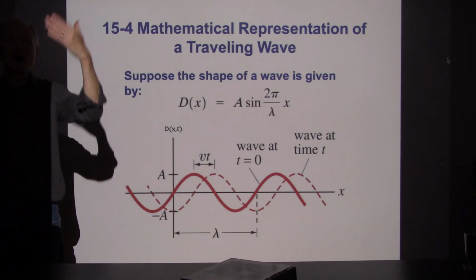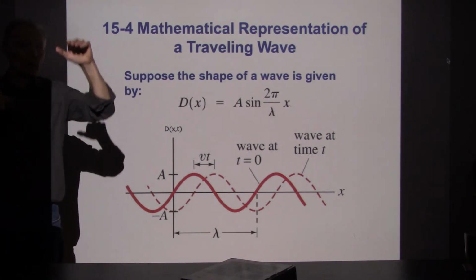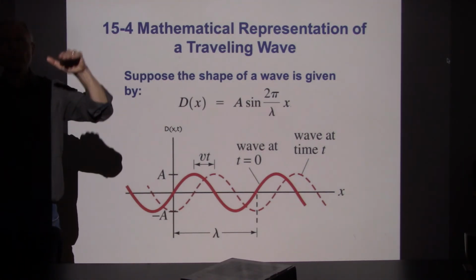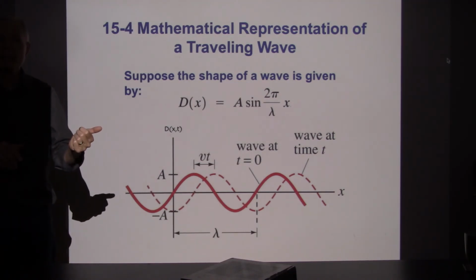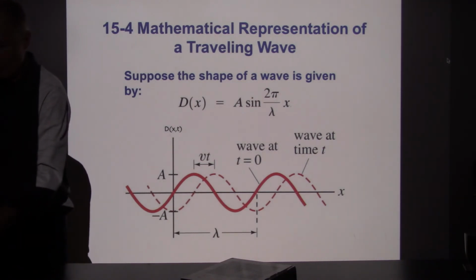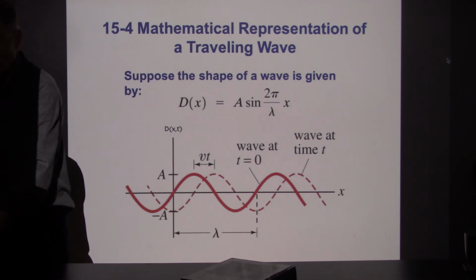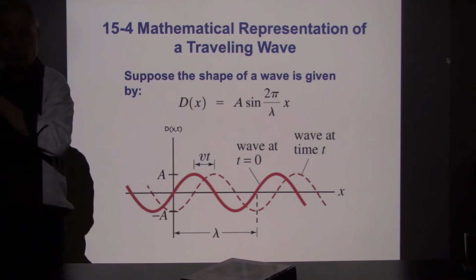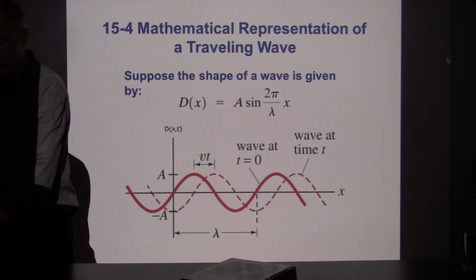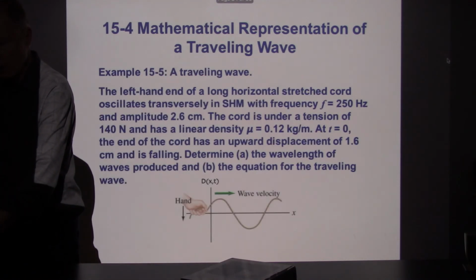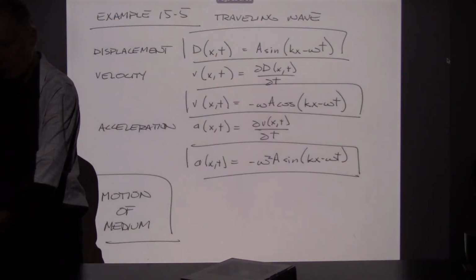The whole thing's not oscillating together. Different parts are oscillating with a different type of synchronization. So it's not random oscillations going on. There's a synchronization, but it's a synchronization which creates the effect of the wave profile moving through the material.